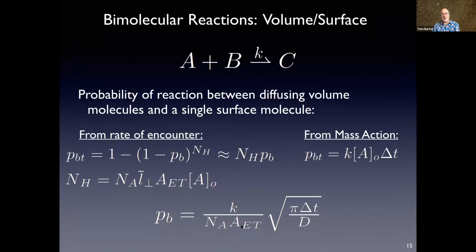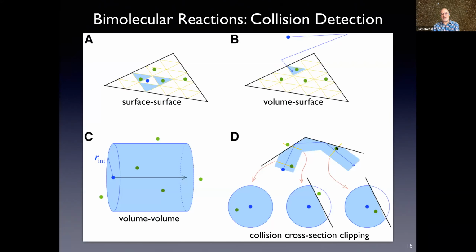AET gets smaller, so PB gets bigger, because it's inversely proportional. That can inadvertently make PB greater than 1, but only for the few collisions that are close to the surface. MCell will warn you about missed reactions and give you a readout at the end of the simulation of what percent of your reactions were missed. As long as that percentage is small, your errors are probably negligible.